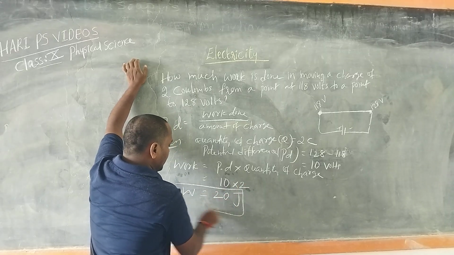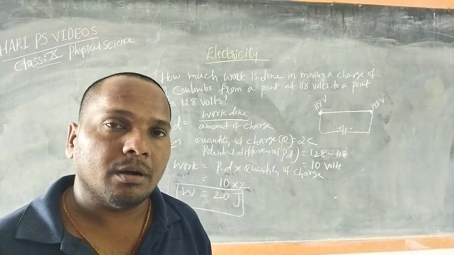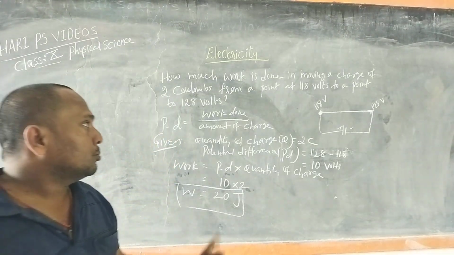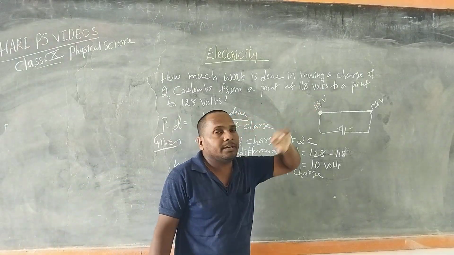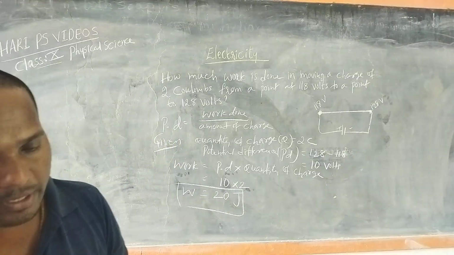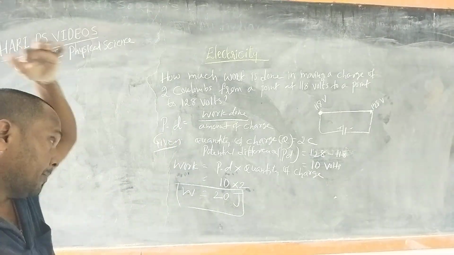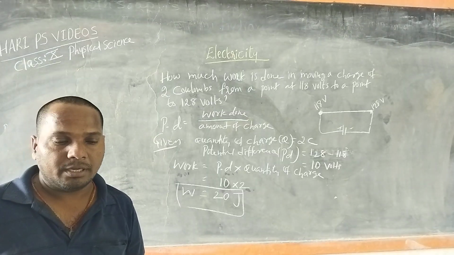So 20 joules of work is done to move a charge from the point at 118 volts to 128 volts. Right? So this is a problem regarding potential difference.